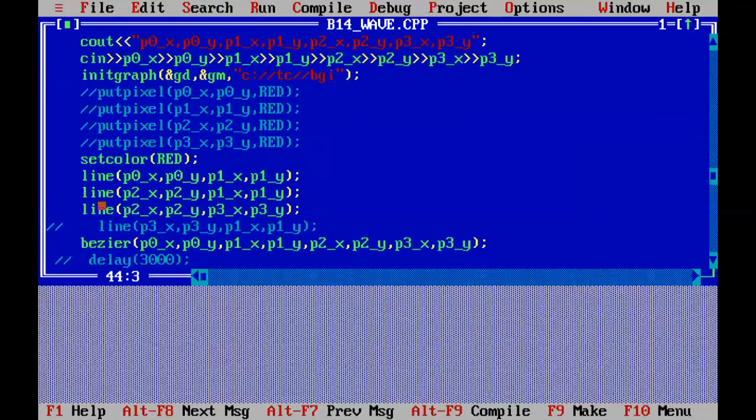Okay, so the control points are at the end of the red lines, and then this is your curve, that is the sine wave. So by using Bezier, also we can draw.